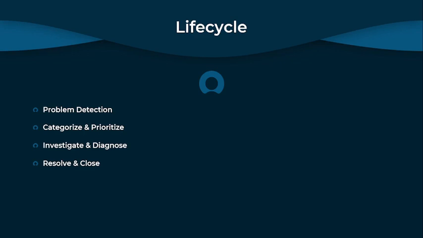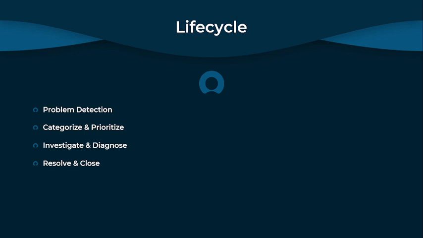Problem detection in ServiceNow leverages a combination of monitoring tools, incident analysis, and proactive measures. Event management continuously monitors IT infrastructure and applications, identifying anomalies and potential issues that could escalate into significant problems. Incident management also plays a crucial role, where recurring incidents are analyzed to detect patterns indicating underlying issues.